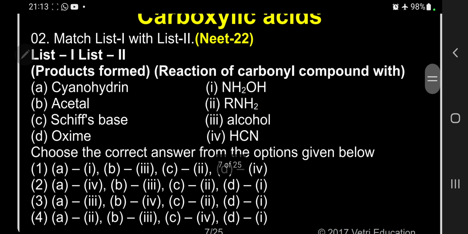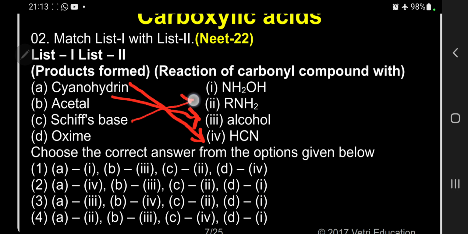Kindly follow now. So, A4. Then second, acetal. Normally, acetal means aldehyde and ketone undergo condensation reaction with alcohol. Then third, Schiff base. Aldehyde and ketones undergo condensation reaction with amine, primary amine specifically, to form Schiff base.